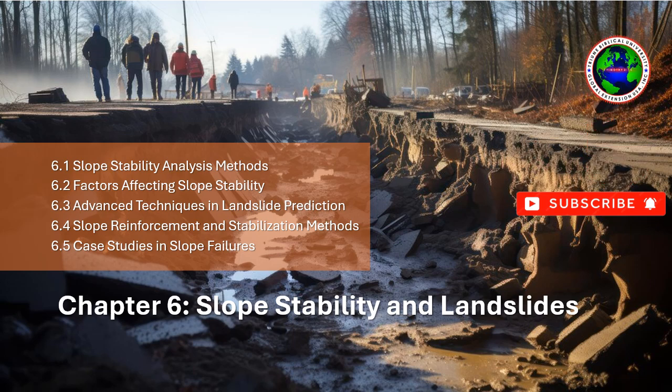6.5.3 The Vajont Dam Disaster, 1963, Italy. Event overview. The Vajont Dam disaster occurred on October 9, 1963, in northern Italy, when a massive landslide, triggered by heavy rainfall and geological conditions, slid into the reservoir behind the Vajont Dam.